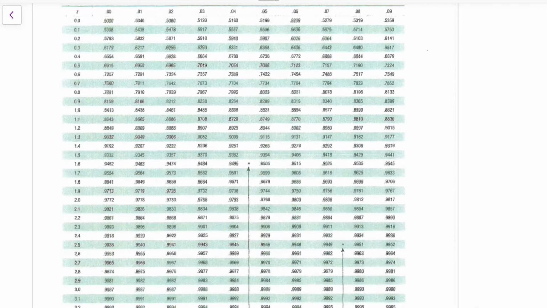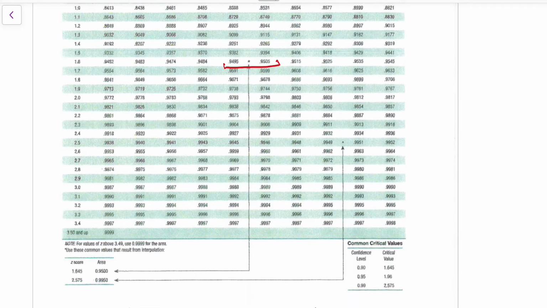0.9500. If we look at our standard normal table, we see that we don't exactly have a value of 0.9500, but values that are equidistant. We have something to the left and to the right, the same distance away from that 0.9500 we're looking for. And in that case, we want to find the mean of those two z-scores. Lucky for us, the table gives it to us automatically, that an area to the left of 0.9500 corresponds to the z-score of 1.645.